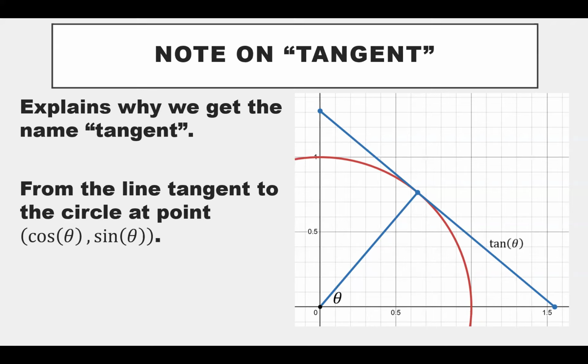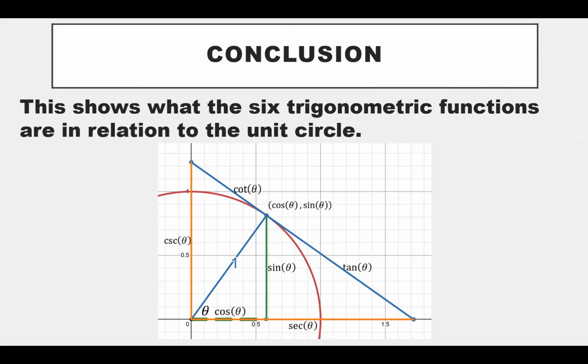And so the naming of the tangent function in trigonometry comes from the fact that we're utilizing a tangent line to the unit circle. So those are just a couple of interesting little notes that you can see once you've drawn this picture with all 6 trig functions in relation to the unit circle.